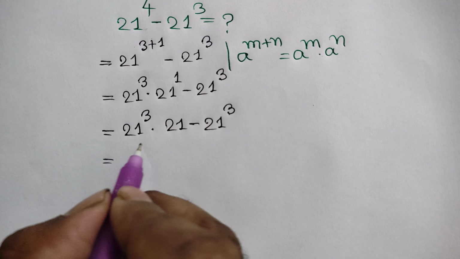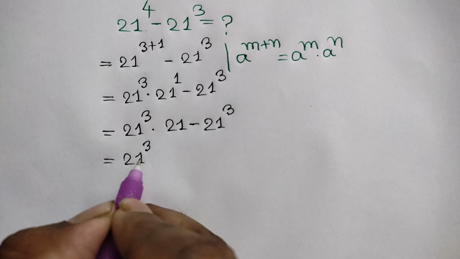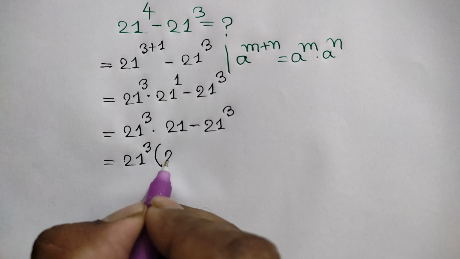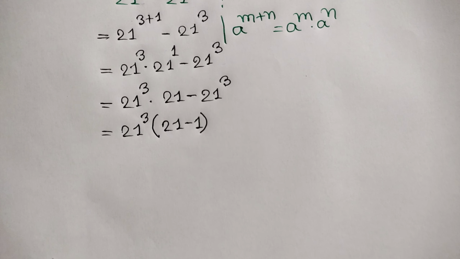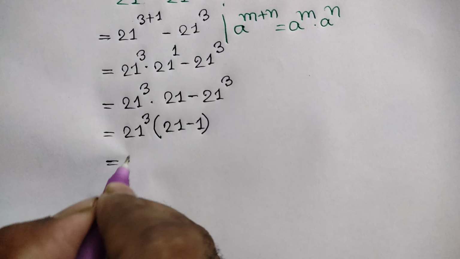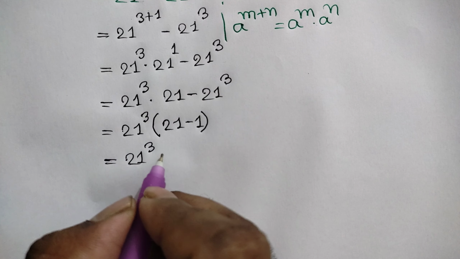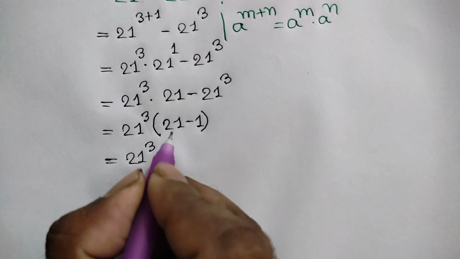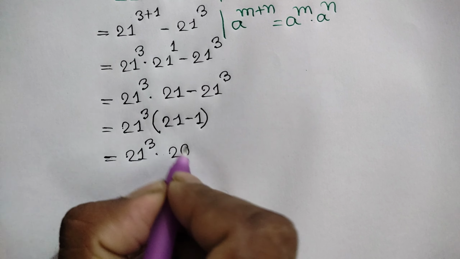Now take 21 to the power 3 common: 21 to the power 3 times (21 minus 1), which is equal to 21 to the power 3 times 20, since 21 minus 1 is 20.